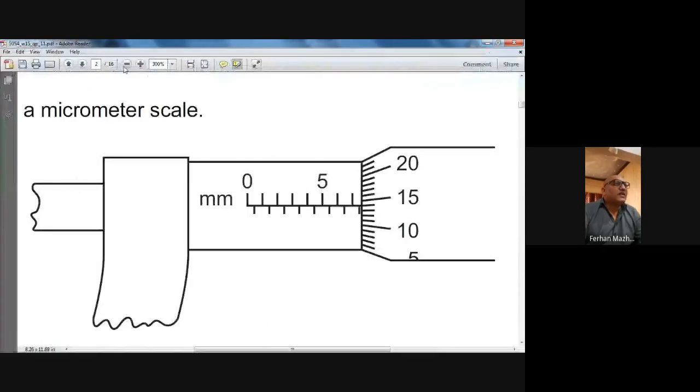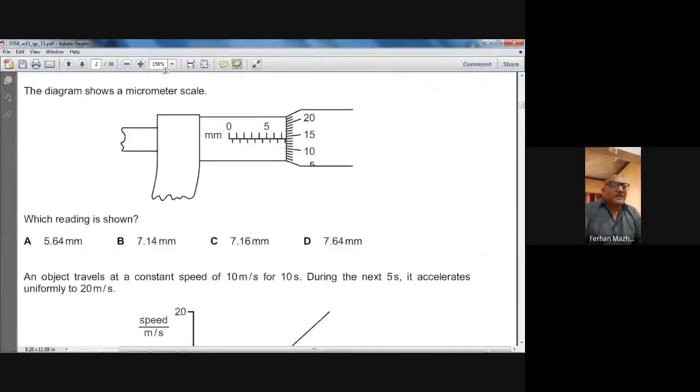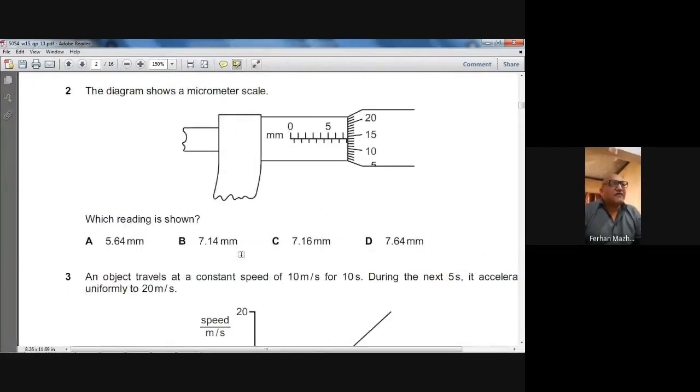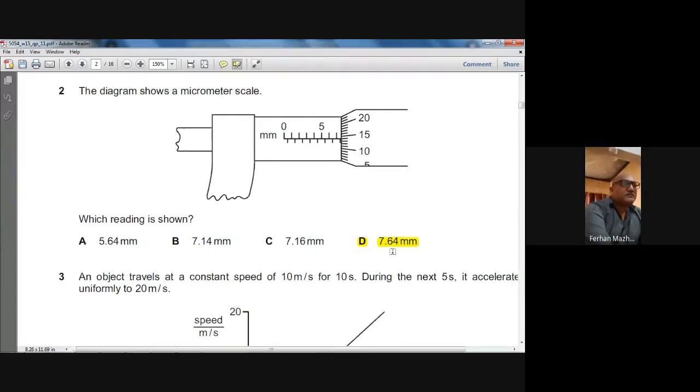Let's reduce the size. Do we have that answer here? Let me check. In the options, 7.64, D is the choice. Let me check the answer from the marking scheme. Yes, sir. D is the choice. Question number 2, D is the choice. I hope you have understood how we have done this process.